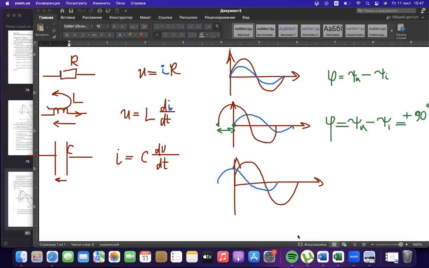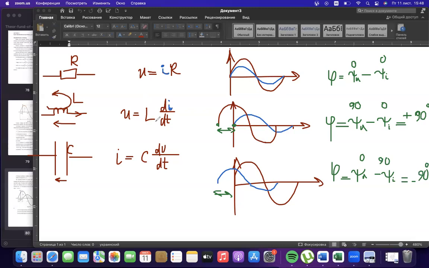Not voltage by current, but current. And the shift angle will be minus 90 degrees. Here we have, for example, 0, 0. Here we have 90, 0. Here we have 0, 90. That is why we obtain minus 90 degrees.